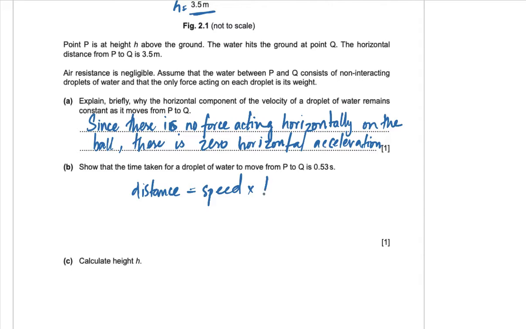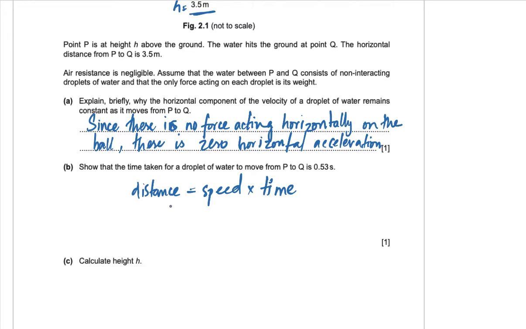This is the formula you use for the horizontal component of a projectile motion. As far as the vertical part is concerned, we cannot use this kind of formula there because we have to take air resistance into account, and there's always acceleration due to gravity.